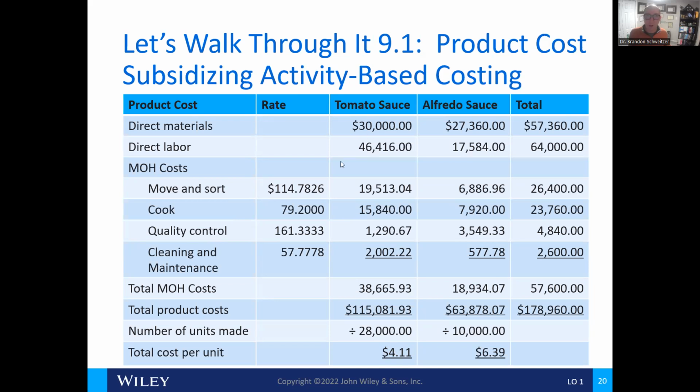Okay, which is much different than the previous model of just taking 90% of direct labor. We can see that 90% of direct labor was 41,000. By using activity-based costing, our overhead for the tomato sauce is 38,000. That's a significant difference.